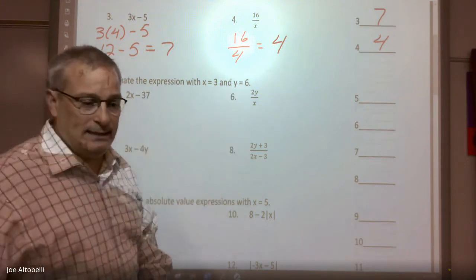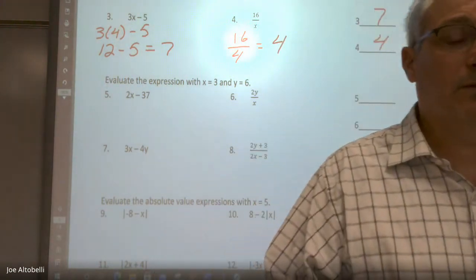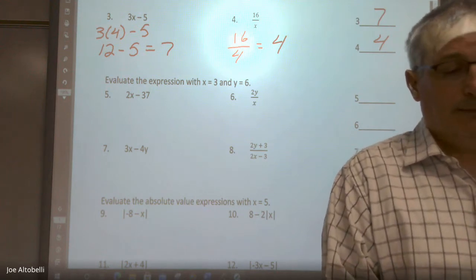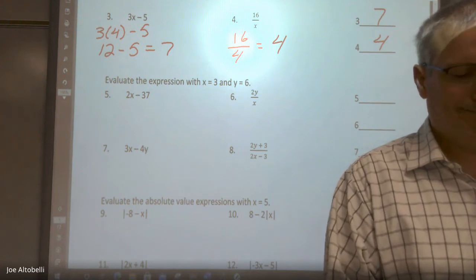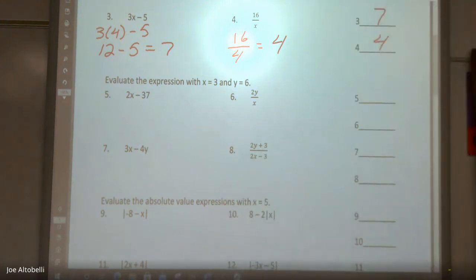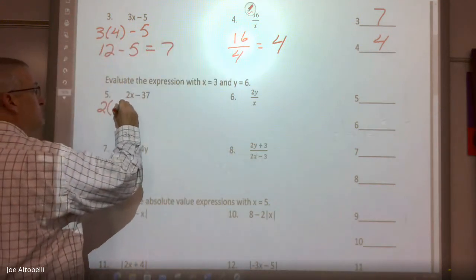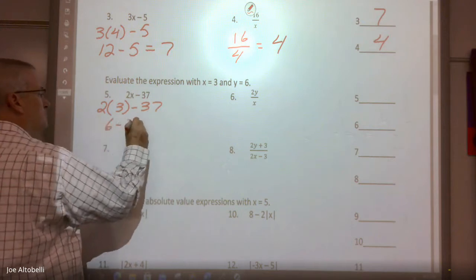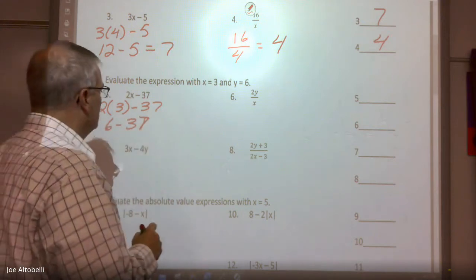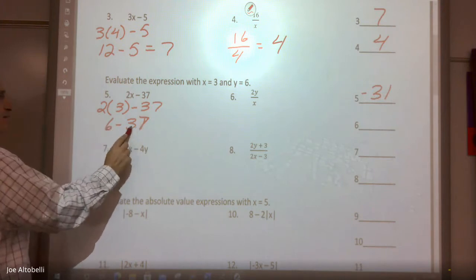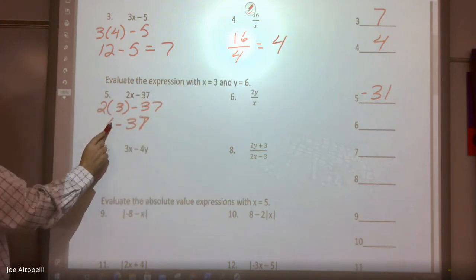Go ahead, substitute and evaluate. 6 minus 37 is negative 31. We have to multiply and then subtract.